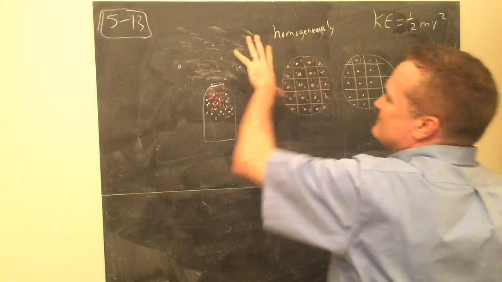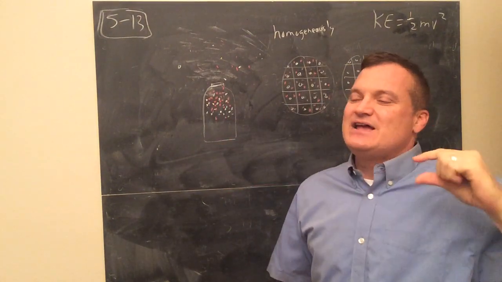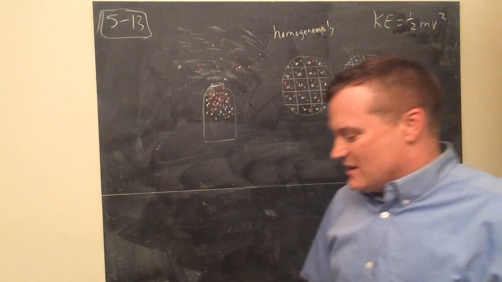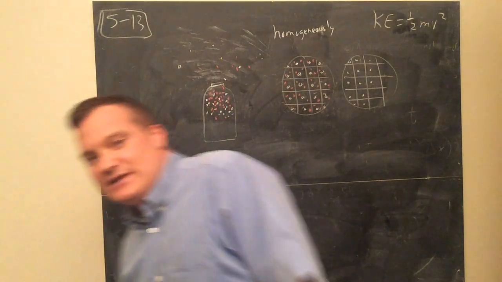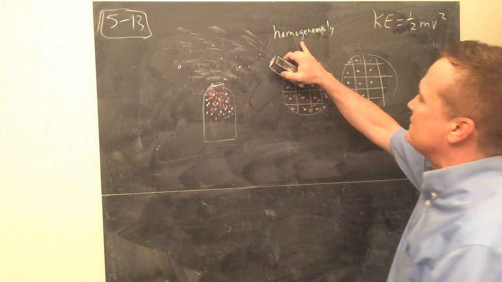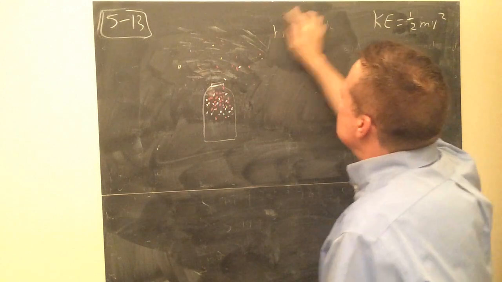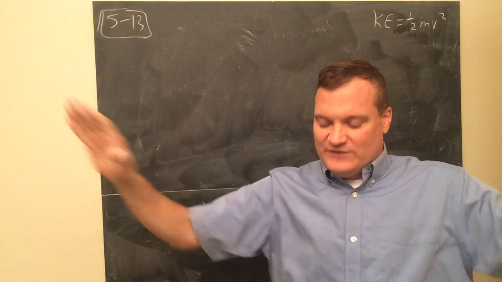It will all have the same number of oxygens for every cubic inch, and the same number of nitrogens. At that point, everything is homogeneous. Everything is evenly distributed. Evenly distributed is a good way to define that. So that's what happens. You go from a high concentration that spreads out to equally fill up the room.